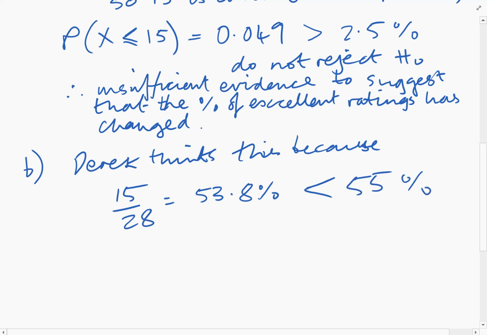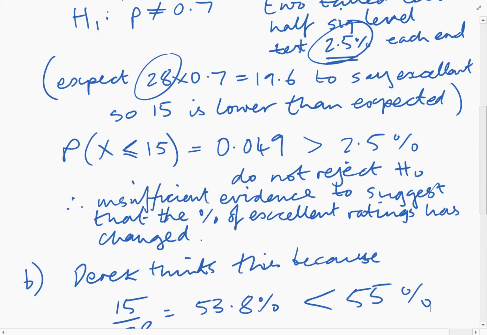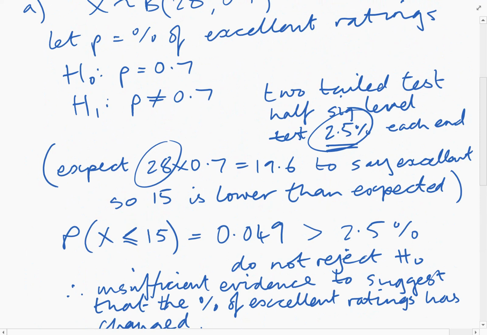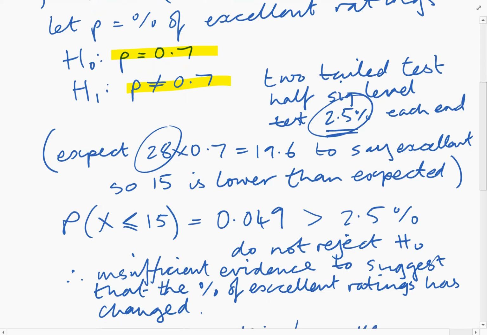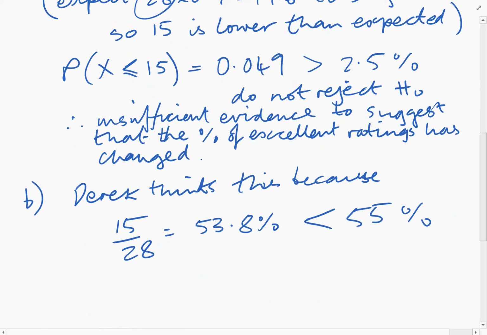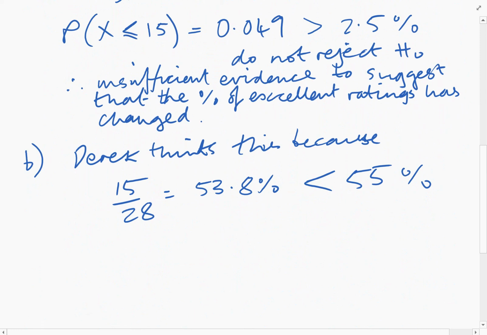However, the test has only shown that P hasn't changed. Okay, so our test was just to check, has P changed or has it not changed? And so all we found from our test was that P hasn't changed. Our test didn't show that P has fallen, or certainly not fallen below a particular specific value.